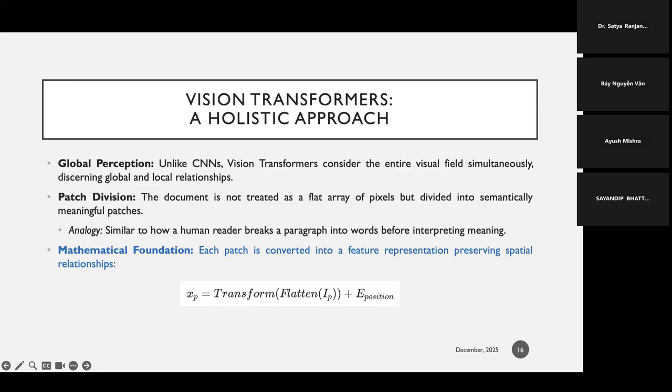This E-position term acts like a GPS coordinate for every patch. It preserves the spatial structure, ensuring the model understands the patient's name in the name box and the signature at the bottom, even though it's reading them both instantly. In summary, by treating the image like language, we allow the machine to understand the context, not just shapes.